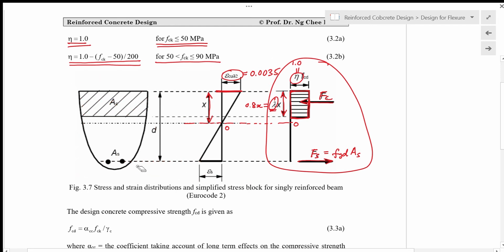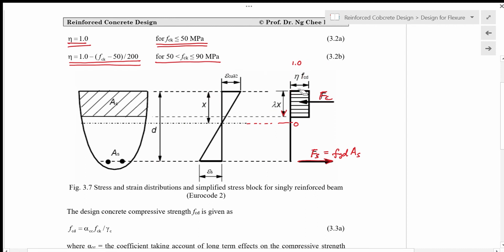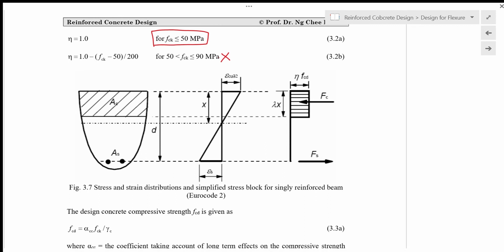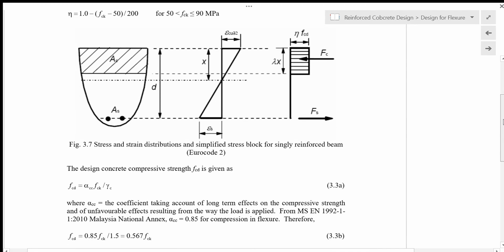So please bear in mind that in this course we will only be looking at concrete with characteristic strength of 50 megapascal or less. We will not be looking at any concrete with characteristic strength more than 50 megapascal. So the equations that we derive are only applicable to concrete with characteristic strength of 50 megapascal or less.